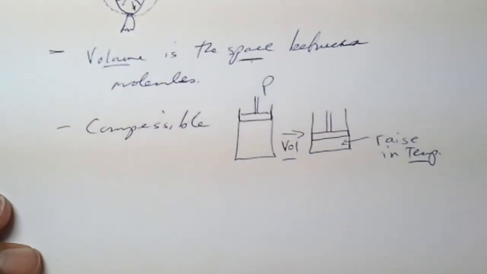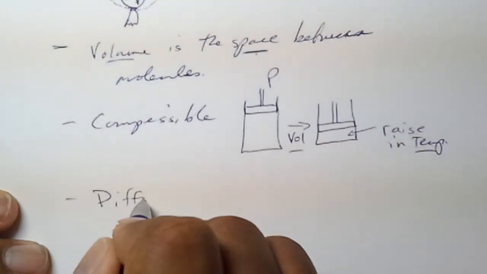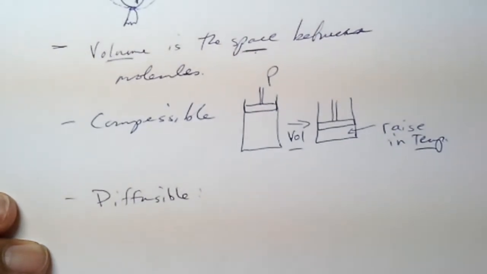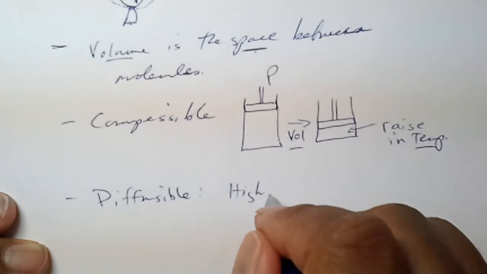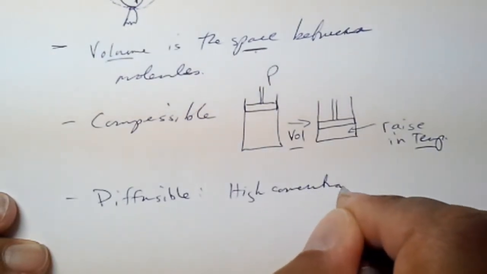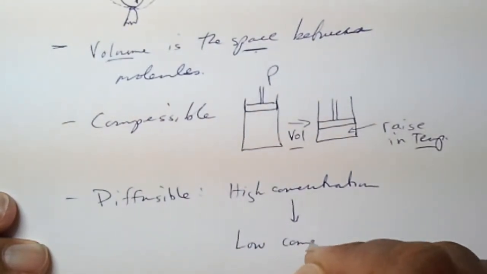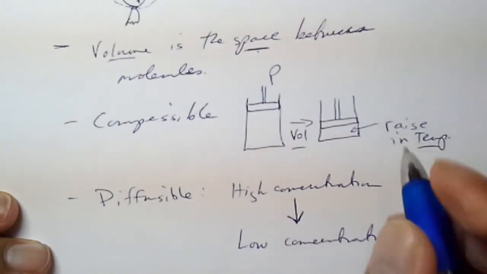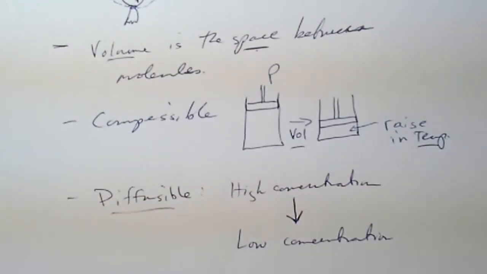Gases, of course you know, are diffusible. That diffusion is when gas moves from an area of high concentration to a low concentration. So when gas moves, that is associated with diffusion.